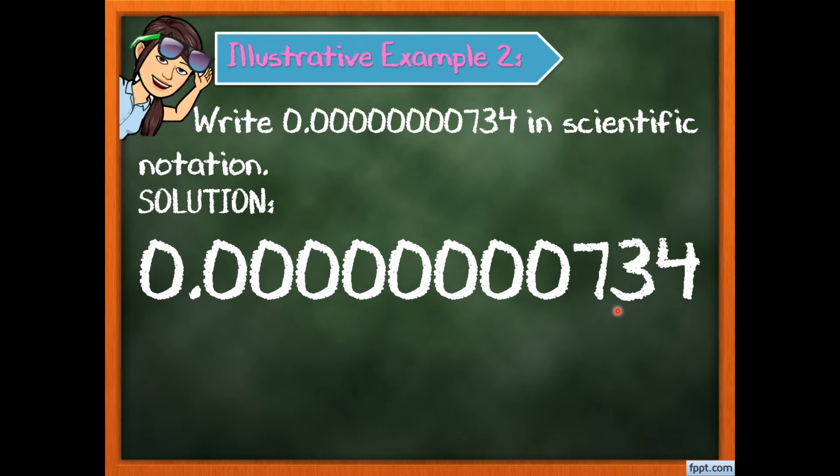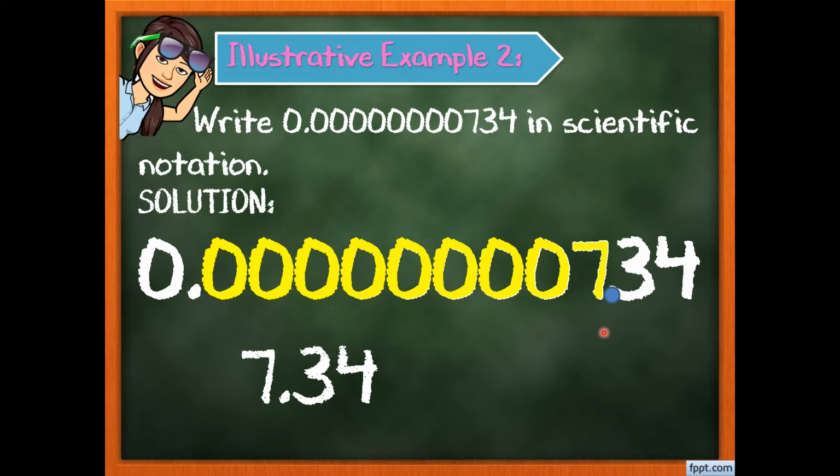So let us move the decimal place. 1, 2, 3, 4, 5, 6, 7, 8, 9. So this will be your decimal point. The number to the left of the decimal point is less than 10. It should be numbers 1 to 9 only. Then copy 7.34.